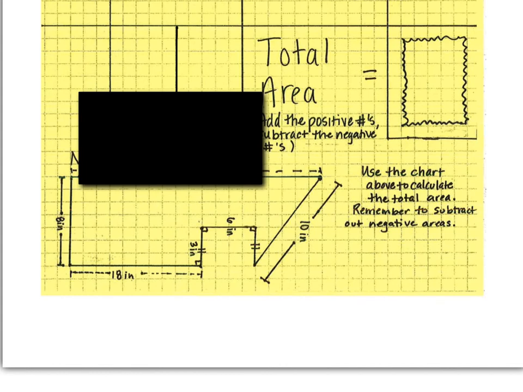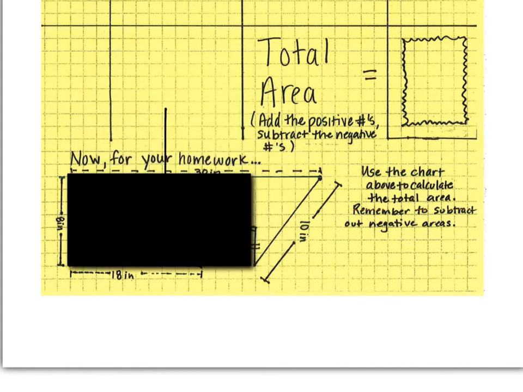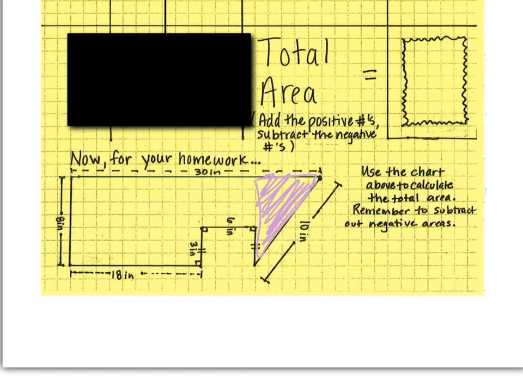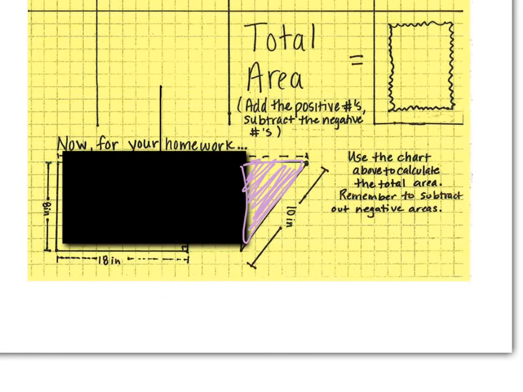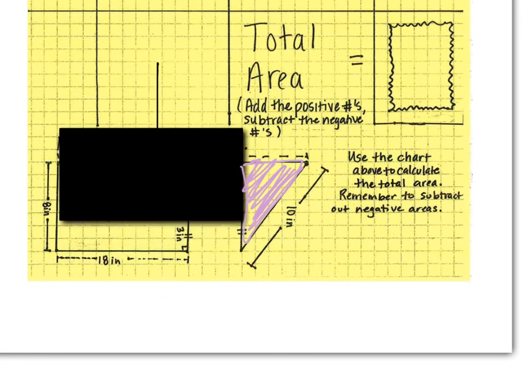So giant, there we go. Giant rectangle, giant triangle here. Okay, that would be your total area, but you have to subtract out this little tiny hole that's 6 feet by 3 feet. So that region down here will have to get subtracted from your total.